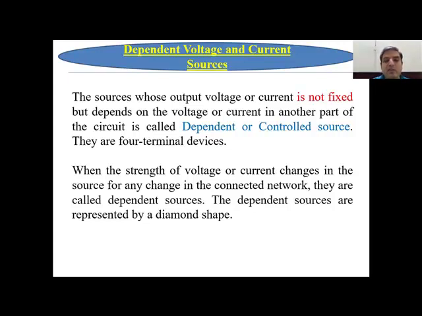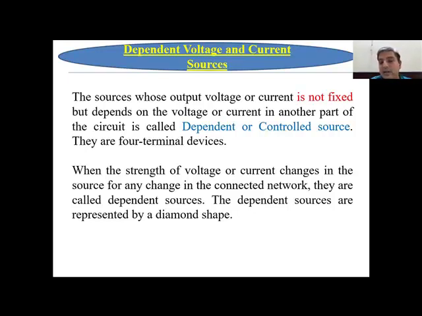So these types of sources are called dependent or controlled sources, and these are 4 terminal devices. This is the big difference between independent and dependent sources. Independent voltage and current sources are 2 terminal devices, but dependent and controlled sources are 4 terminal devices.